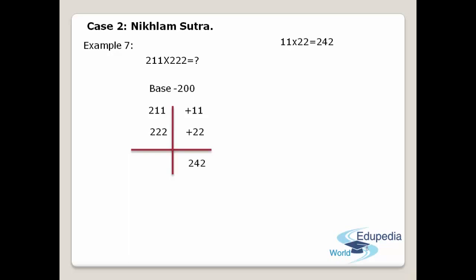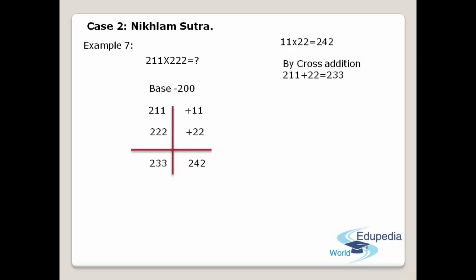Now the next step is cross addition, in either way. If you add 211 and 22, you get 233, or if you add 222 and 11, you get 233 as the answer. So you can do cross addition in either way and you get the same answer. After getting that answer, you write it down on the bottom of the left column.